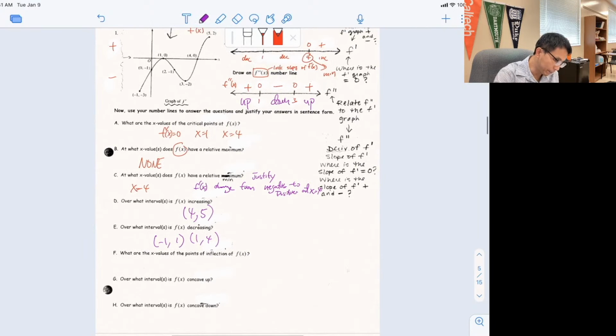Inflection point where? X equals what? 1. Yep, 3. And you're going to justify on this one.